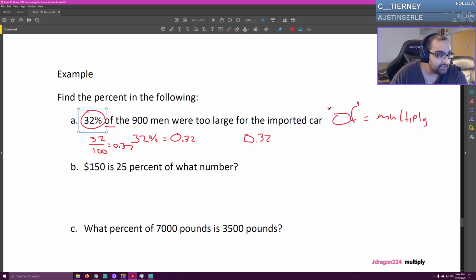Even though it's a mundane word, in mathematics at the very least, it does mean to multiply. So we take this 0.32 and multiply it by of 900 men. So we do 0.32 times 900. Again, you could do this on your calculator. What do we get for 0.32 times 900?